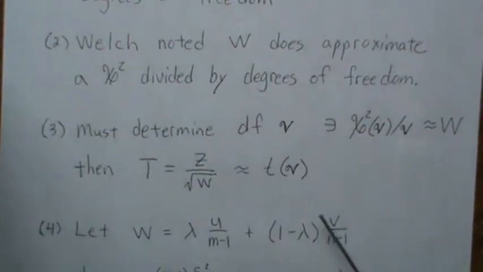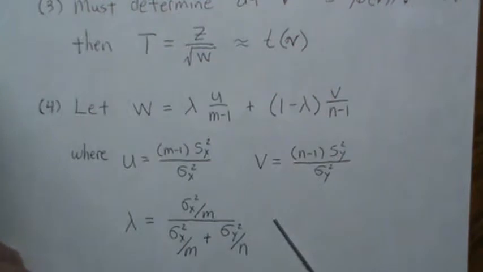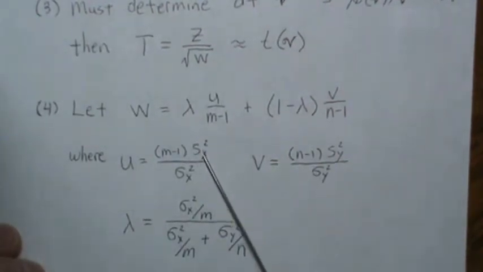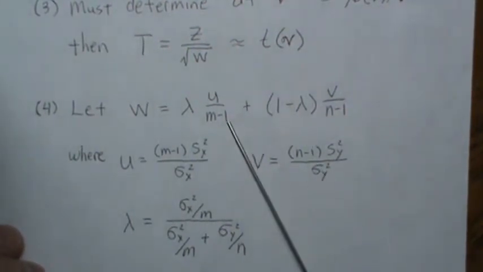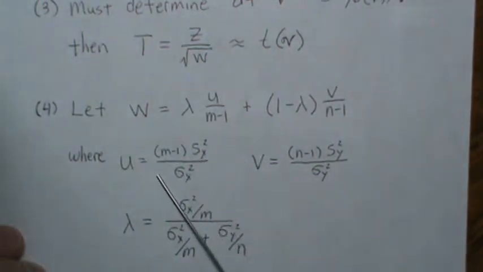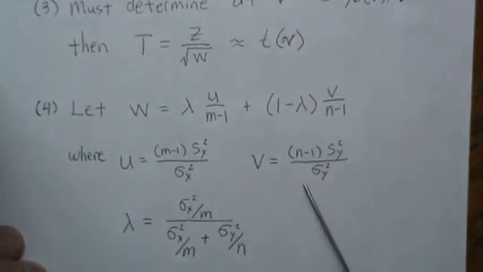So we're going to rewrite W like this. It can be rewritten as lambda times U, where U is this quantity divided by m minus 1, plus 1 minus lambda times V over n minus 1.